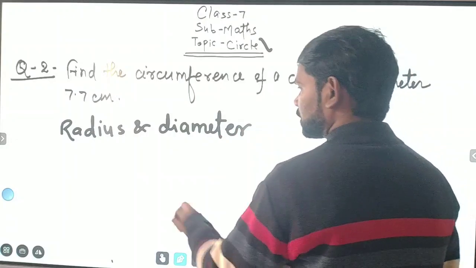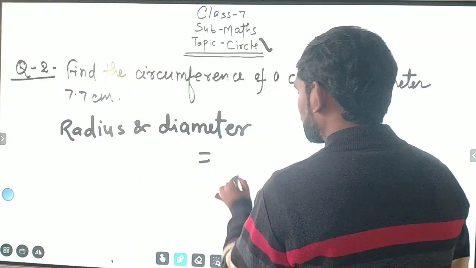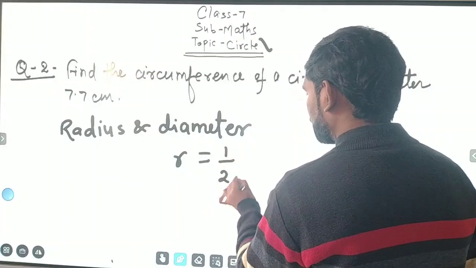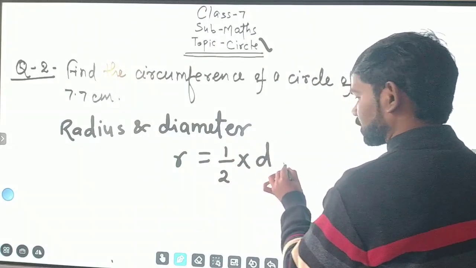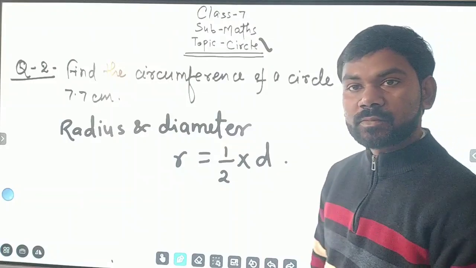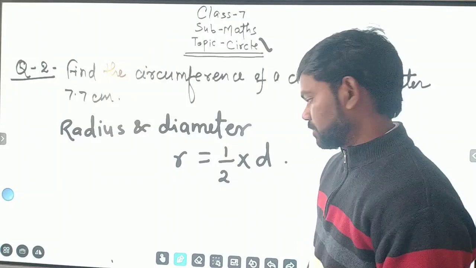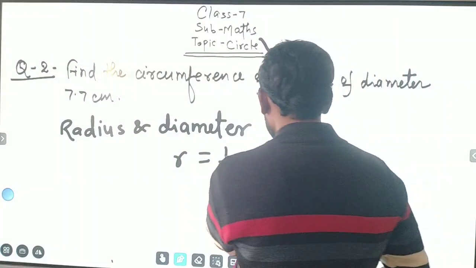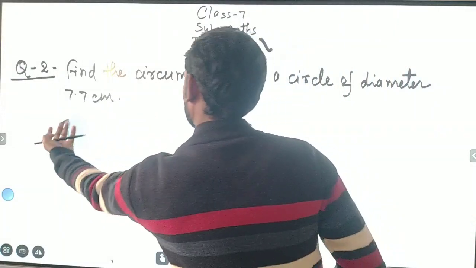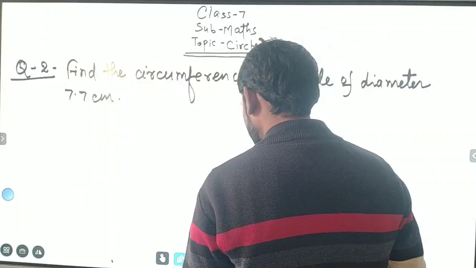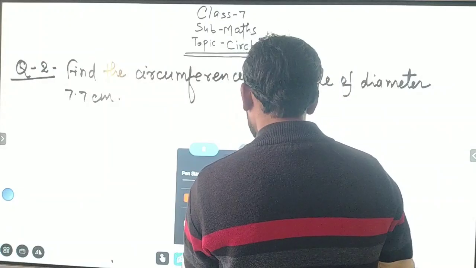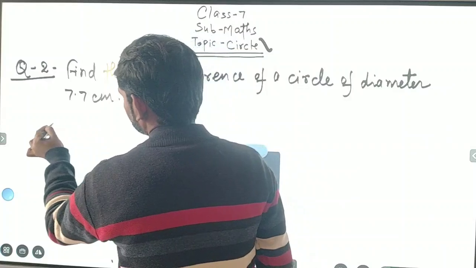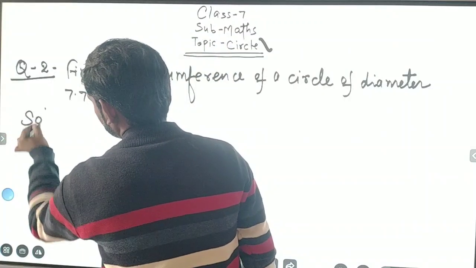The radius is always half of its diameter. So in order to get the radius of this circle, we find it by dividing the diameter by 2.